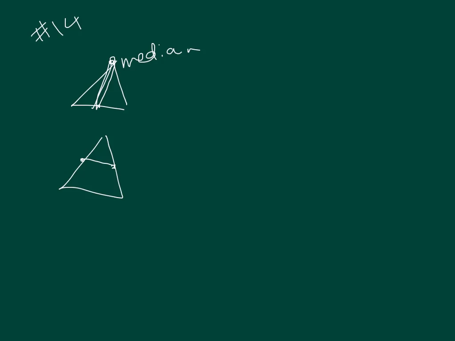And the altitude is a perpendicular line that passes through one vertex and goes to the opposite side. In many middle school classes, they call that a height.